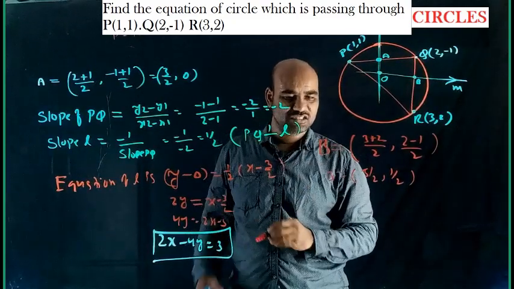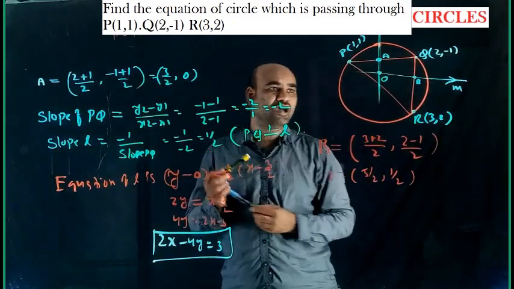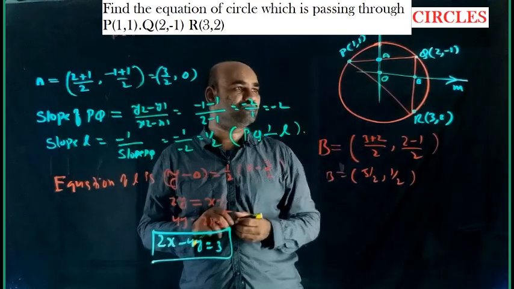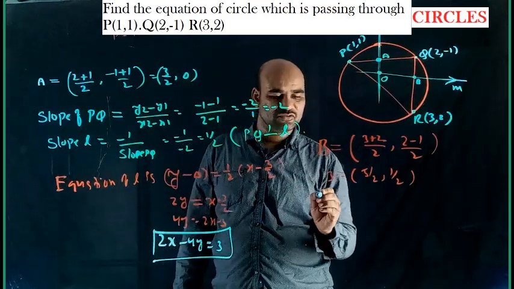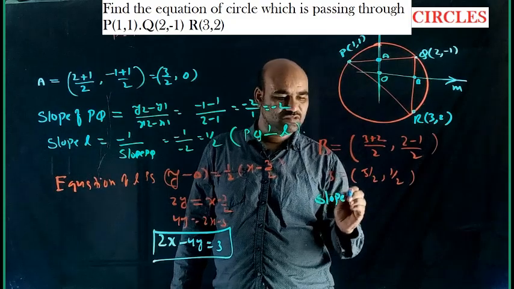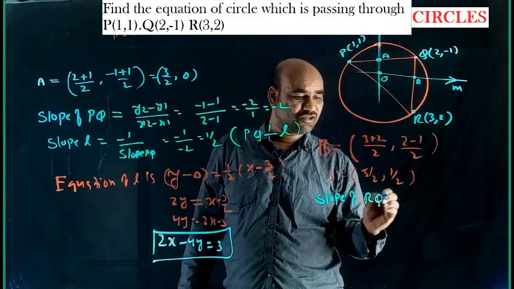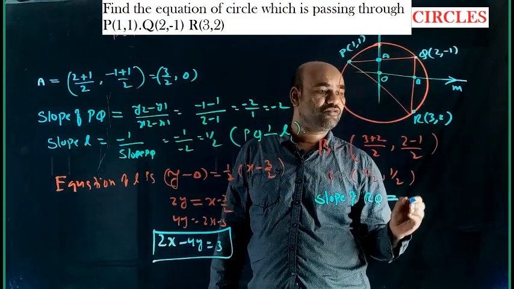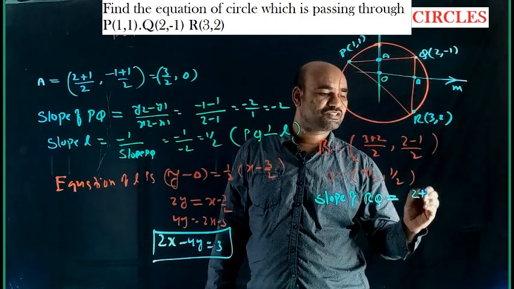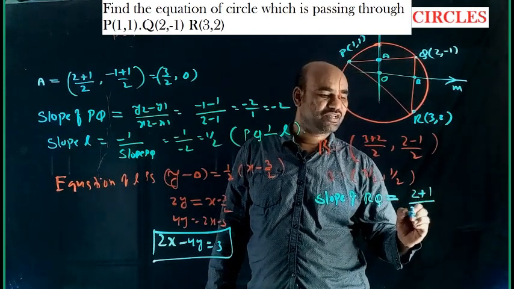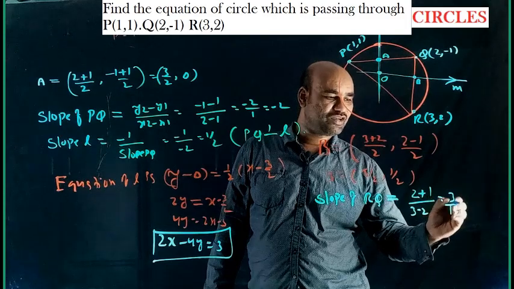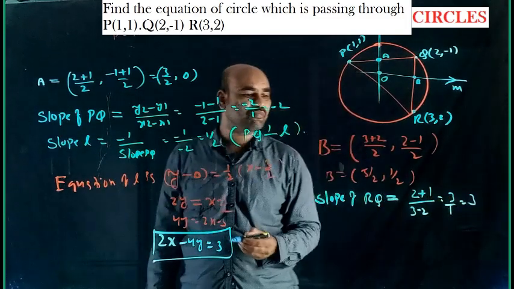These are the coordinates of B. Now I want to find the slope of M. Before that I want to find the slope of RQ. Slope of RQ is equal to (2 minus 1 plus 1) by (3 minus 2), that is equal to 3 by 1, that is equal to 3.